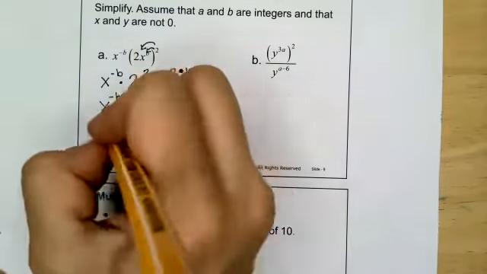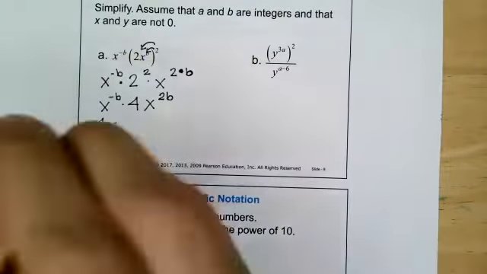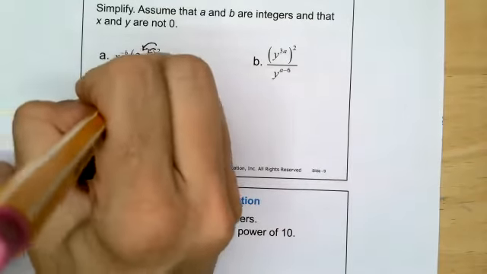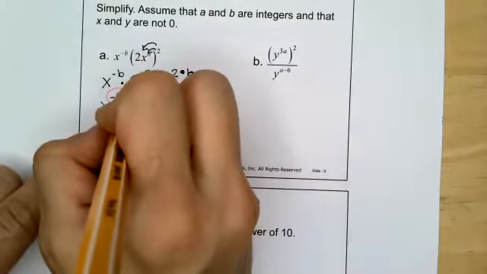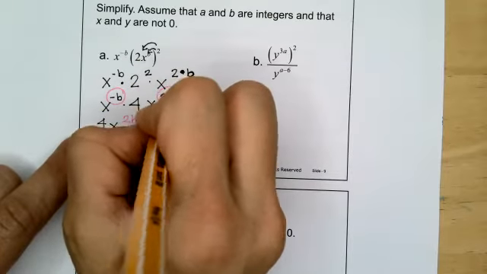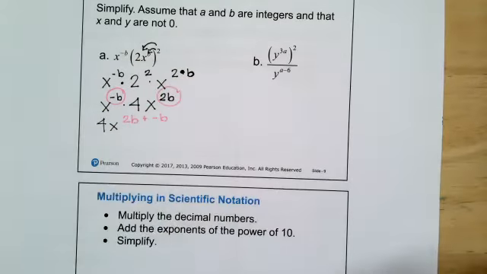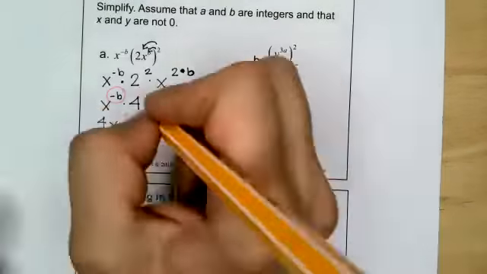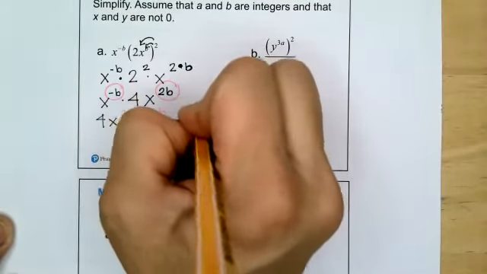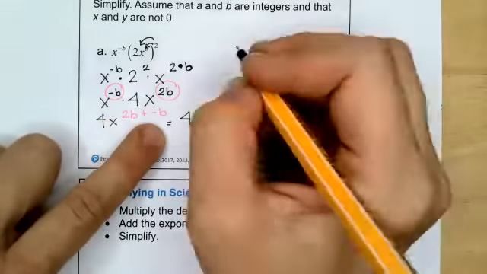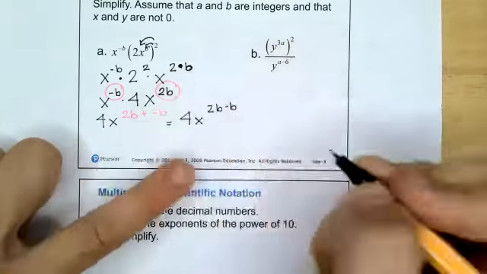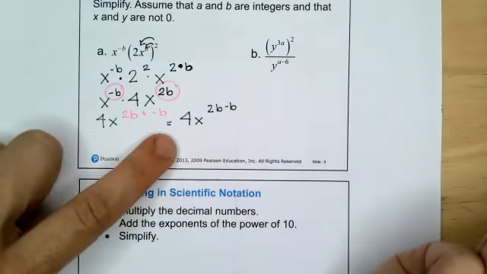I'm just going to take the positive and put it first. So we have x, and this is our m and this is our n, right? So we have 2b plus negative b. For x, 2b plus negative b is just 2b minus b. What happens if you have 2b and you're taking away one of the b's?